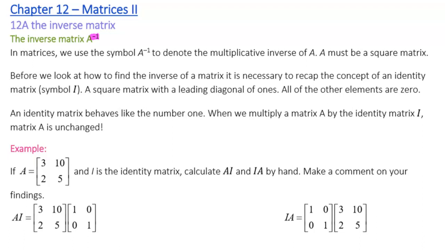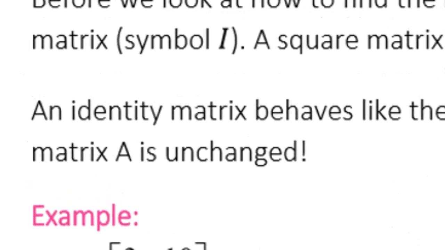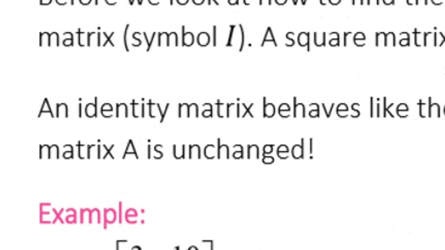Before we look at how to find the inverse of a matrix, it's necessary to recap the concept of an identity matrix. So these are the ones we have a symbol I for. An identity matrix is a matrix that consists of ones along the diagonal and zeros everywhere else.